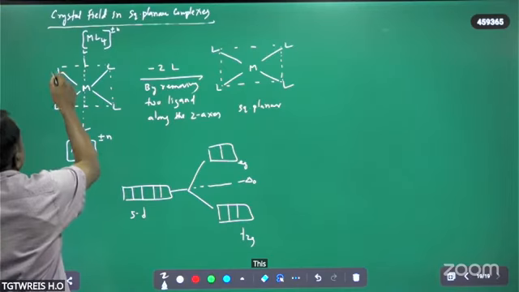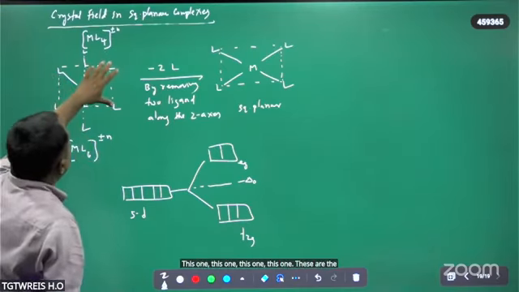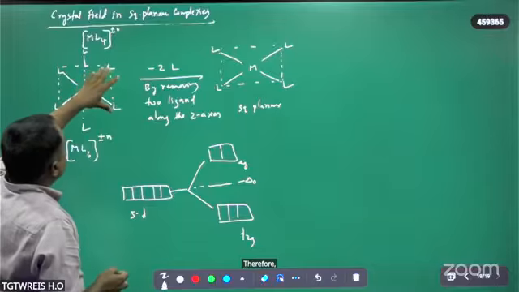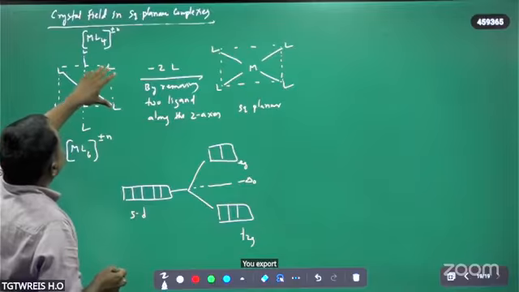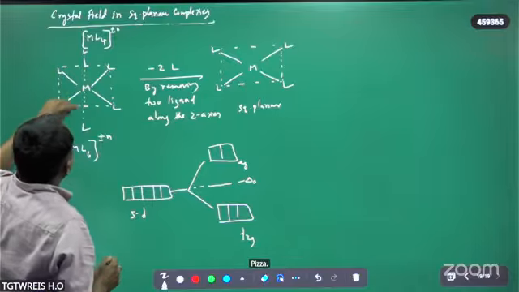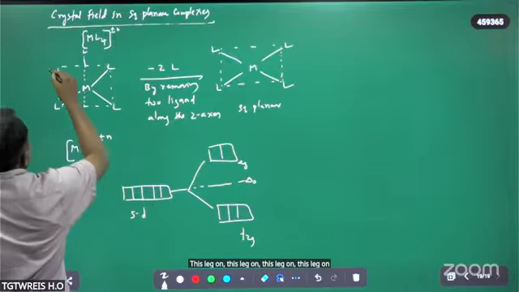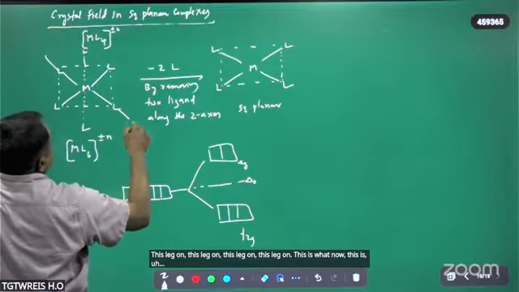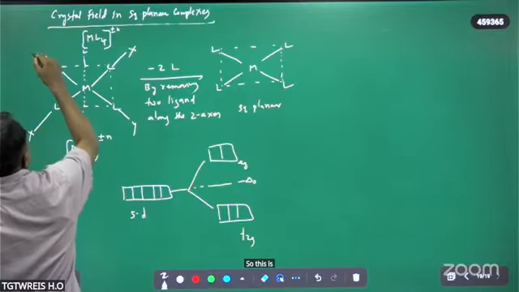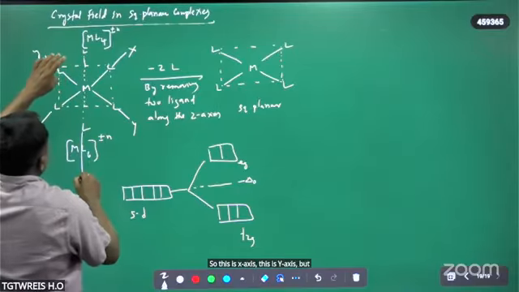Therefore, dx square minus y square is oriented toward this ligand. This is the x-axis, this is the y-axis, and this is the z-axis.